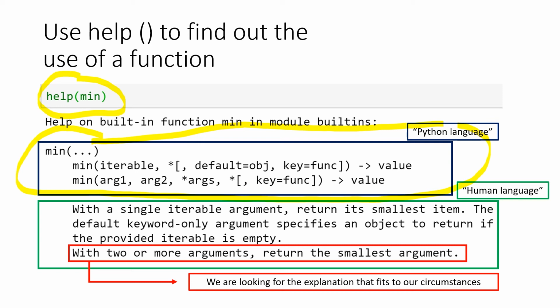And now, because we had the weights, our list had 4 different elements, we have to check what applies to our situation. Now if we look at the red box, we can see here, okay, with 2 or more arguments, return the smallest argument. We had 4 arguments in the list, so it returns the smallest argument. So in the beginning, maybe try to read more of the human language part. And if you get a deeper understanding of Python, the blue box will become very helpful for you as well.